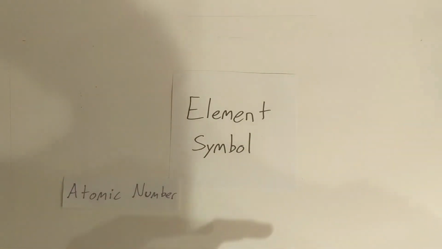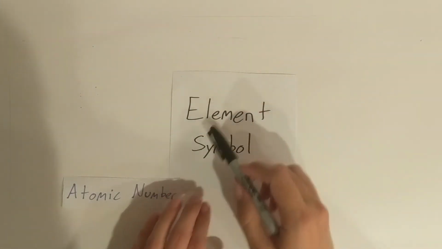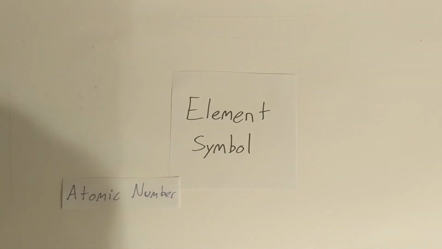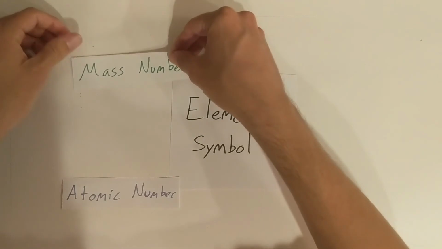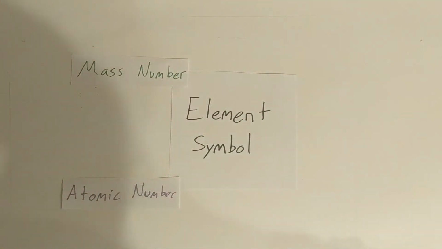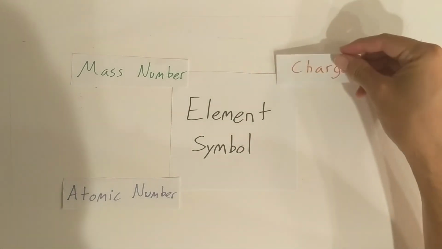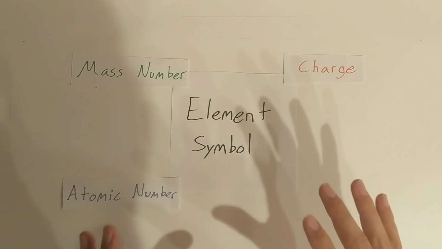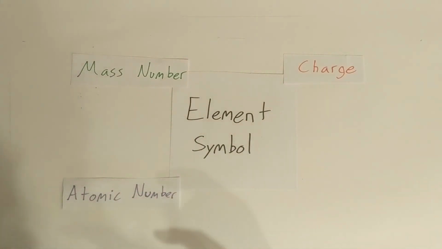So for whatever element symbol we have here, we're always going to have the same atomic number down here. So the next one we got is mass number. That goes on the top. And then our charge will go on the top right. So this is how the atomic symbol is organized.